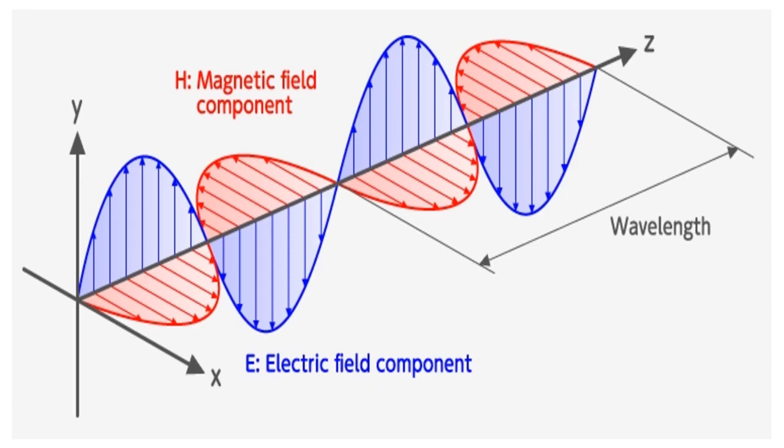The wave drawn in blue color represents the electric field component, whereas the red one is the magnetic field component. Both these waves are perpendicular to each other and hence perpendicular to the direction of the electromagnetic wave, which is propagating along the z axis.